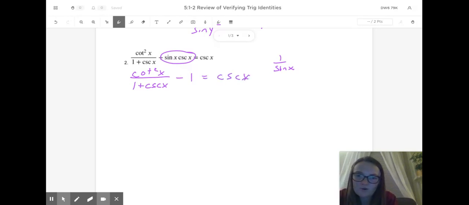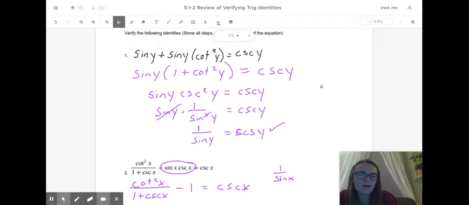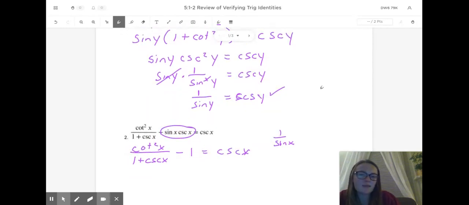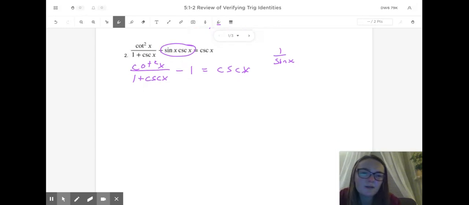Okay, so first thing I want to do here, cotangent squared x. In fact, we already kind of saw this, but cotangent squared x is actually the same as cosecant squared x minus 1. Let me actually just show you this for a minute. I know that I have sine squared x plus cosine squared x is equal to 1. If I want to get cotangent, I divide everything by sine squared.